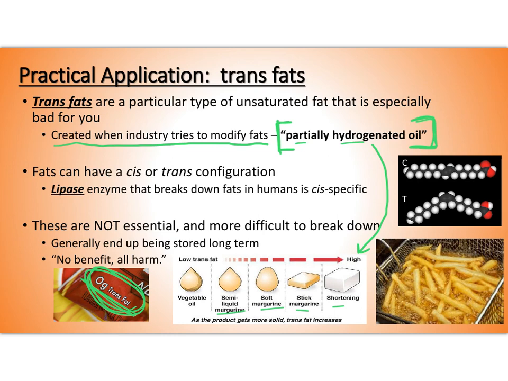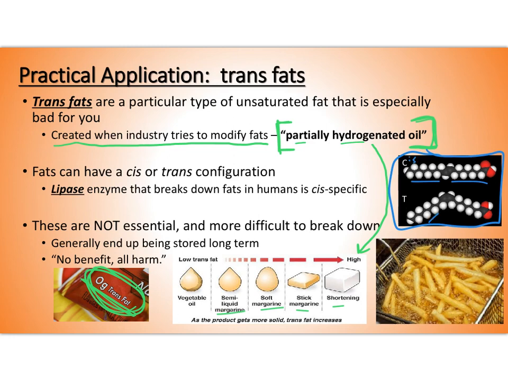Well, lipids can come in one of two shapes as a whole. And so now, let me get a different color. We're looking at this picture here. So if a lipid, and this actually applies to a lot of things in chemistry, it's not just fats even, but if a lipid has more of this sort of straight configuration, we call it a cis lipid.